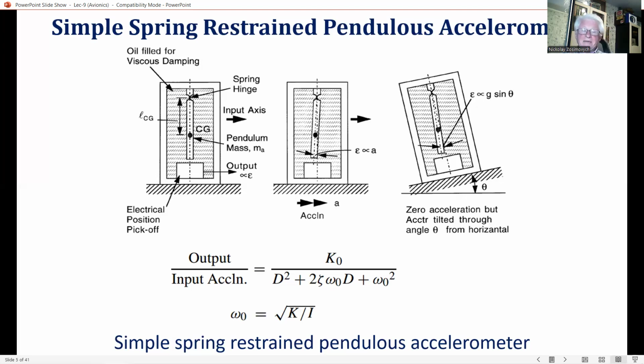The same basic accelerometer design for an input range of plus or minus 3 g would have a bandwidth of only approximately 14 Hz, reduced by a factor of the square root of 3 over 10.